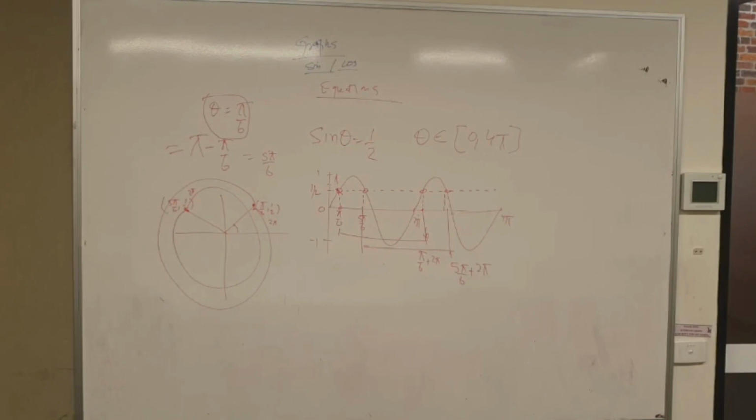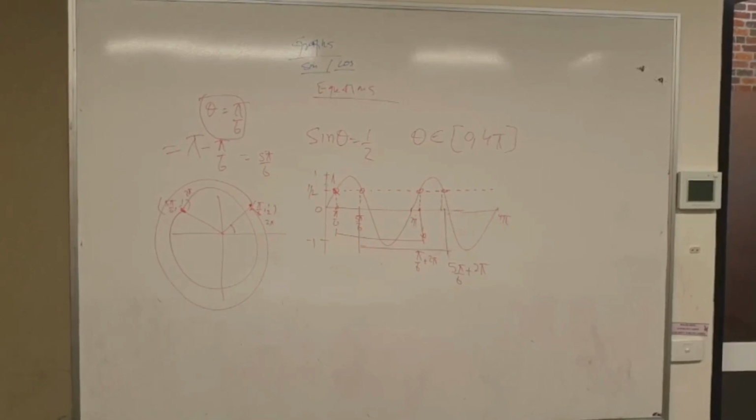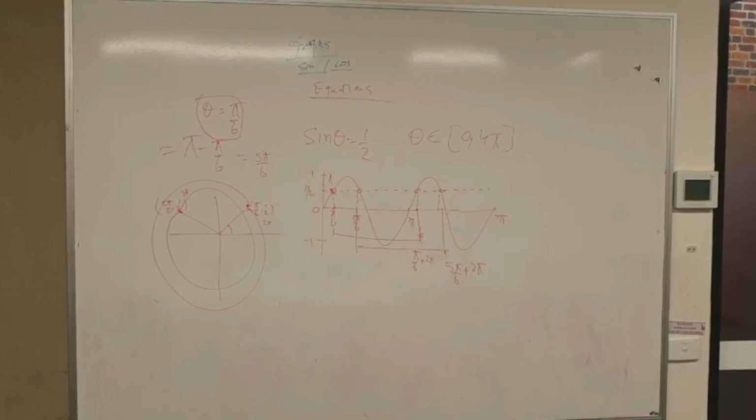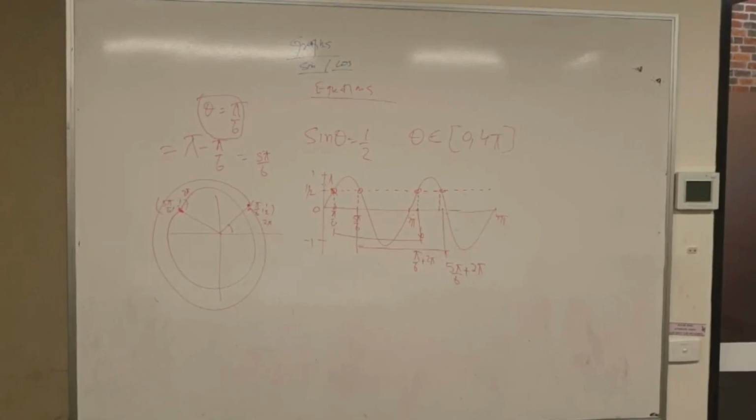Can you do sine x equals to negative root 3 over 2? I should write it down quickly. Sine x equals to negative root 3 over 2.